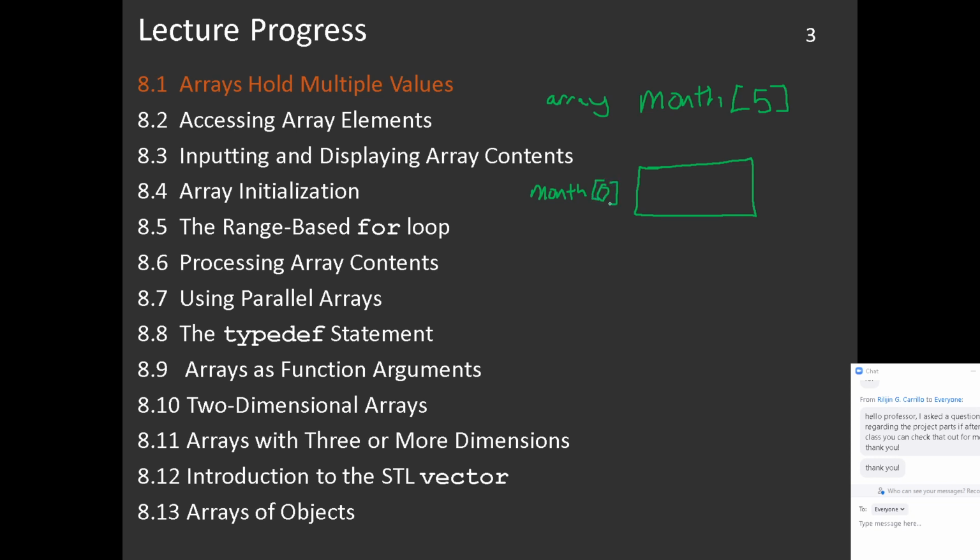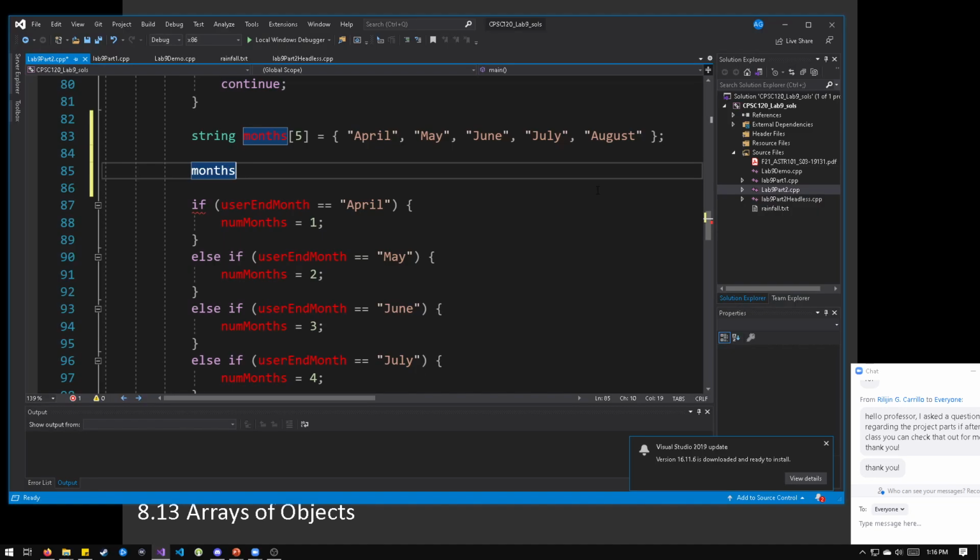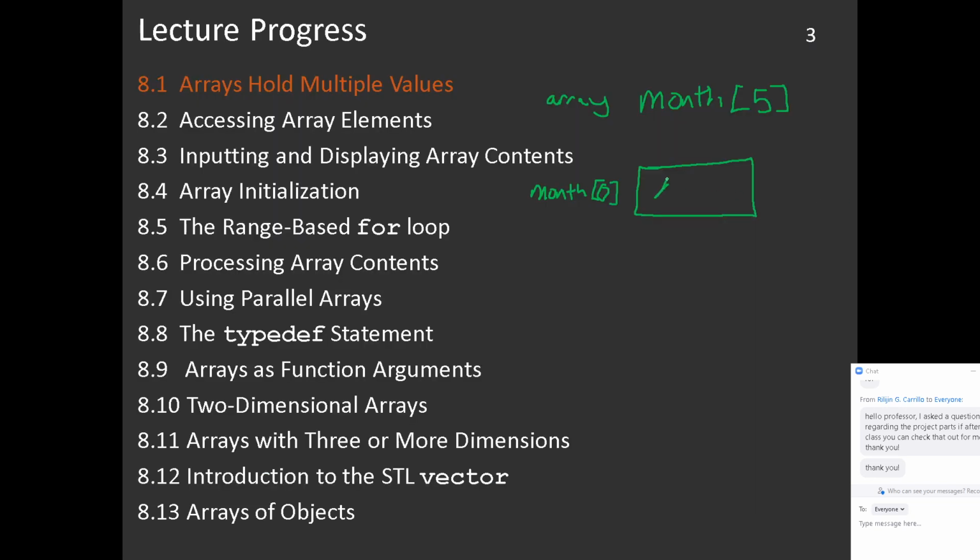It contains the first element in this list, which in my example means it has April in that. And I can store a string in there. So I've stored a string in this, and I can use any data type for these different things. And since I defined it as having 5 elements.